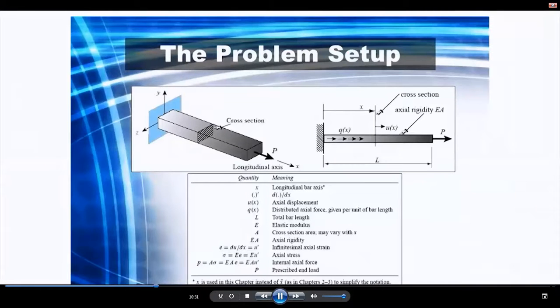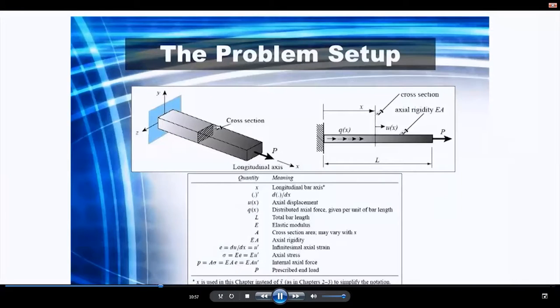Formulation of bar member. In this section, we will treat a one-dimensional bar member, fixed at one end and free on the other. You can see it on the slide.